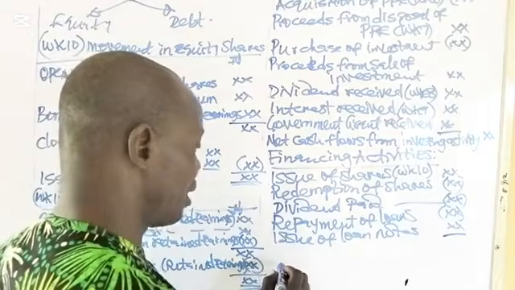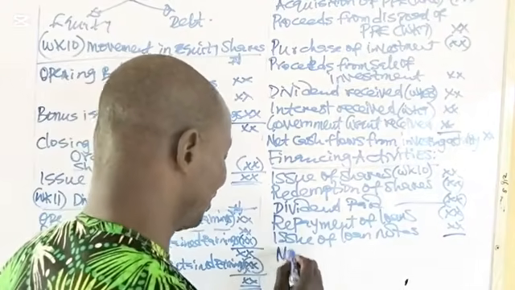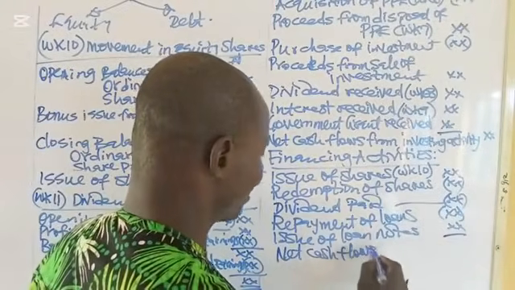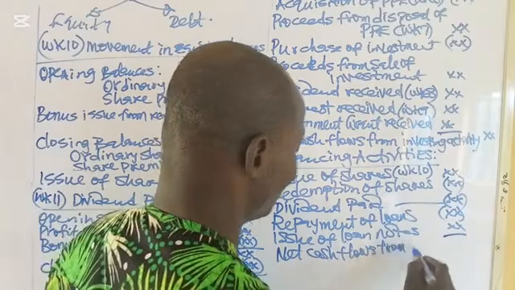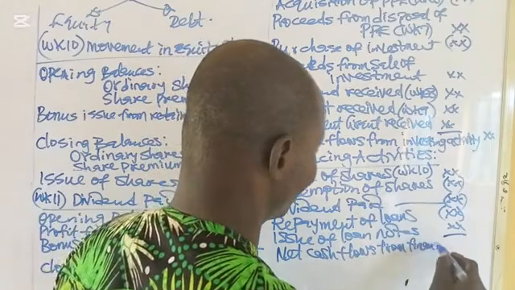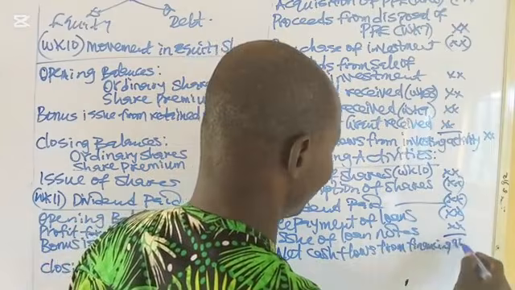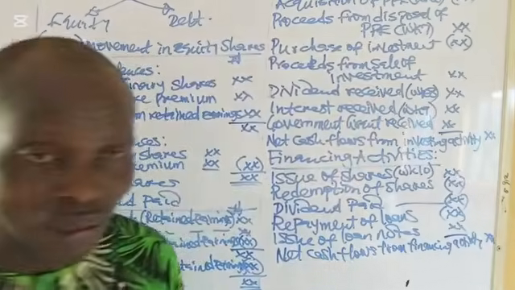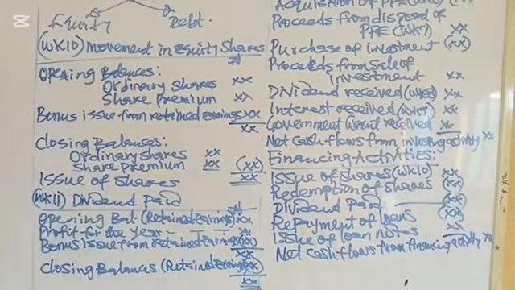So you have the net cash flows from financing activity. It could be plus, it could be minus.